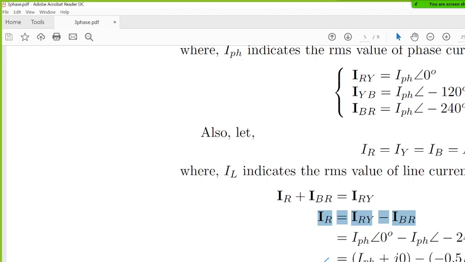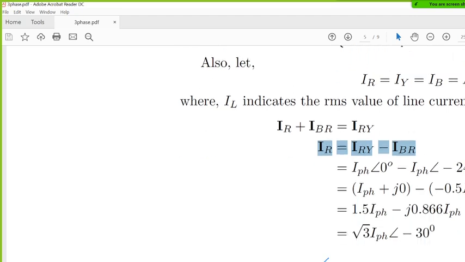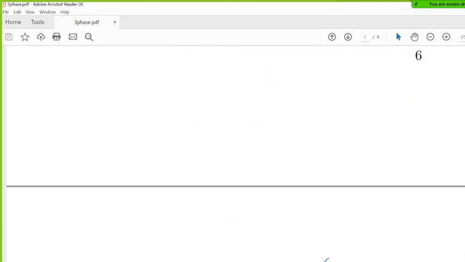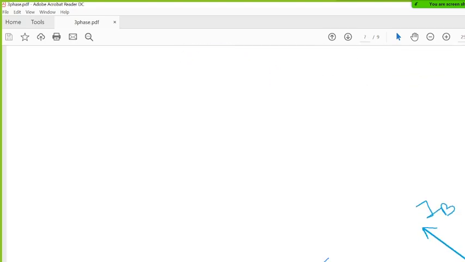IRY minus IBR is the same as IRY plus IRB. Correct? So what is IR? It is the phasor addition of IRY and IRB. So this IR is the vector addition of this vector and this vector.